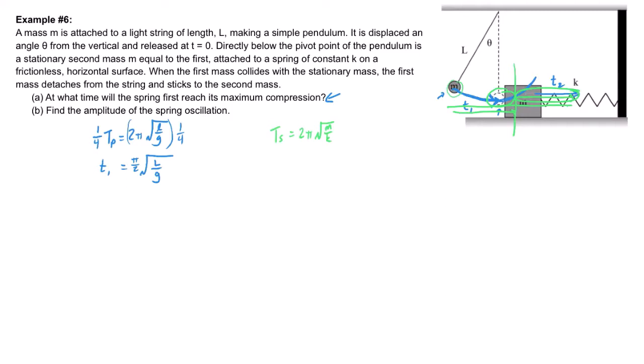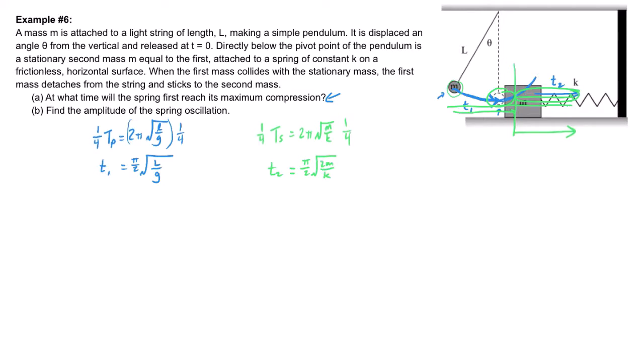Because it sticks to the block M. So what we want is 1/4 of this period, because we want to go from the equilibrium point to the maximum compression. And so therefore, T2 is going to equal 1/4 of that 2 pi, which is pi over 2, times the square root of 2m over k.